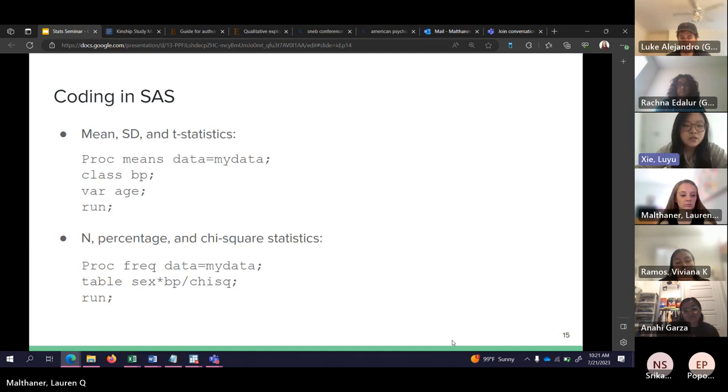If you want to do a t-test, you just change the proc means to proc ttest. It's very straightforward. And for the chi-square test, you also do proc freq, but after the tables statement, you put sex star BP and slash chisq, and it will give you the chi-square statistics.